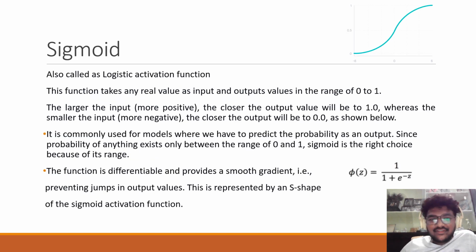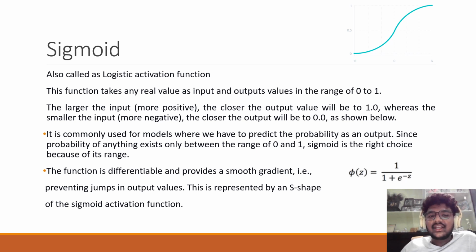The sigmoid activation function is also called the logistic activation function. This is a smooth function and is continuously differentiable. The biggest advantage that it has over the step and linear functions is that it is non-linear. This is an incredibly cool feature of the sigmoid function.